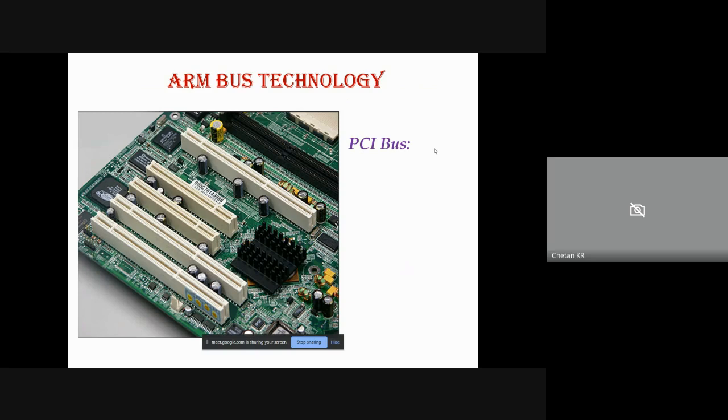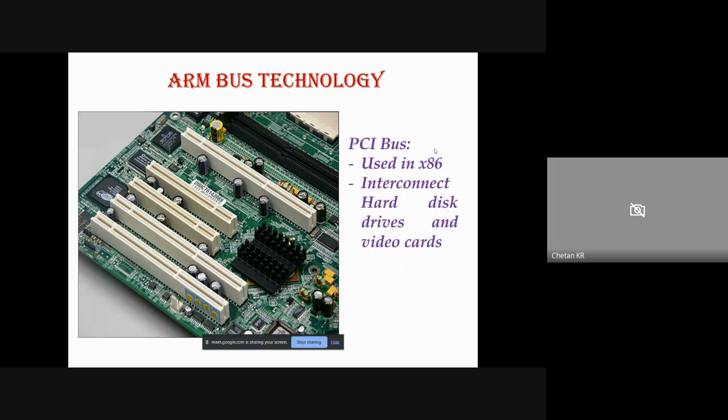All your Intel processors, which run on the x86 architecture, were using a bus called PCI. They were not using the ARM bus concept. PCI is the older alternative for ARM. What is PCI? Peripheral Component Interconnect. This is an old one which is used in the x86. All your Intel processors communicate with x86.